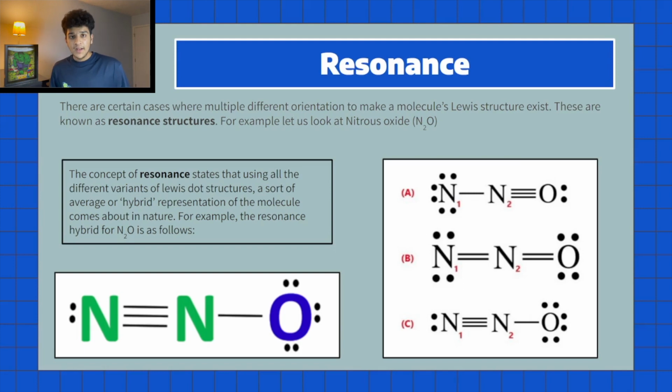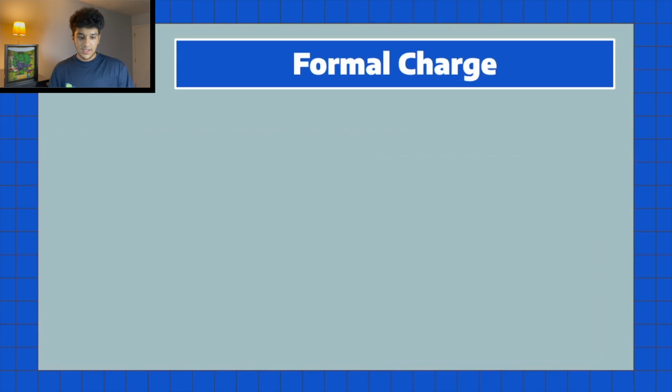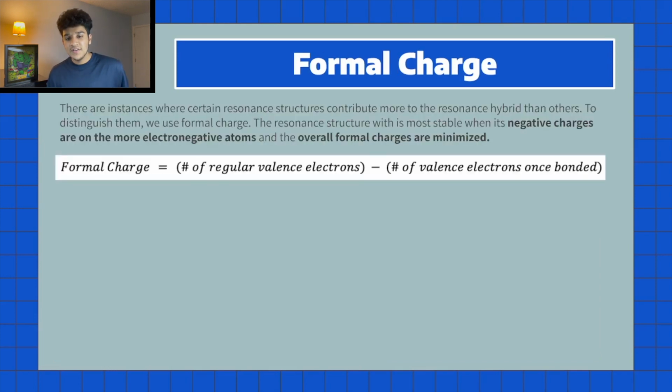And we know that because of another concept known as formal charges. A formal charge is basically where you use this formula, where you take the number of regular valence electrons minus the number of valence electrons once bonded, and you calculate the formal charge for every atom within every molecule, and you do that for all the resonance structures. So it's quite tedious, right?